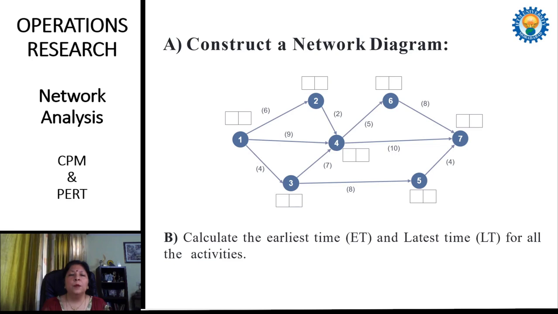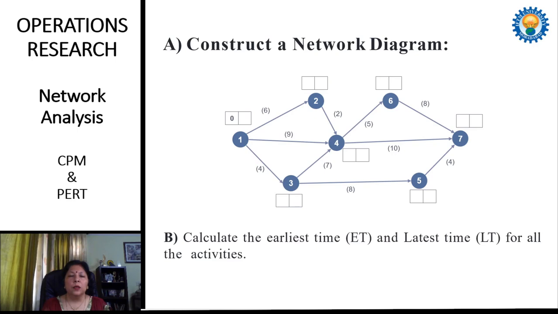All these timings we represent by making a box, in which in the first partition we fill the earliest timings, and in the second partition we fill the latest timings. So for the first event, that is 1, the earliest time we fill is 0.